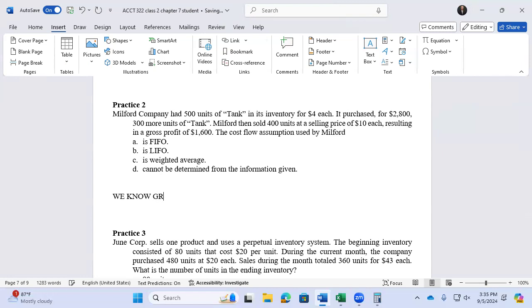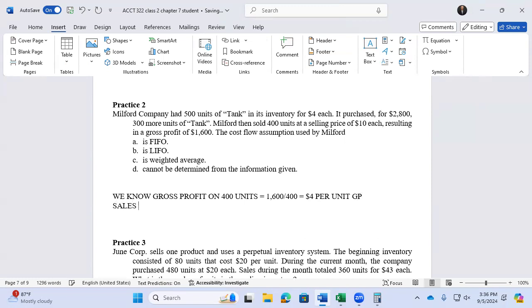We know gross profit on 400 units equals 1,600. So we divide that by 400, and that's $4 per unit gross profit. And we know sales per unit equals $10.